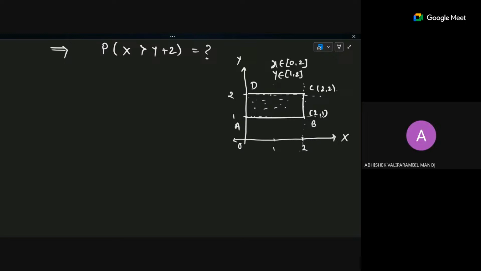Ma'am, if we take the point 2 comma 2, then how will it be possible? Why not possible? See, both are closed intervals, so both are included.